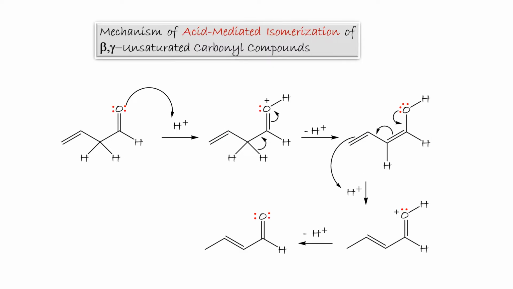In acidic media, the oxygen is protonated first, then deprotonation takes place, forming the enol, a conjugated diene. The electrons move on to this carbon, which gets protonated to form this species, which deprotonates to give the alpha beta unsaturated carbonyl.